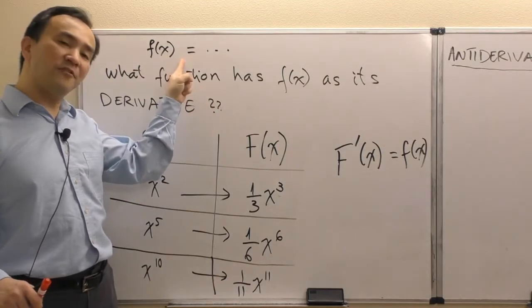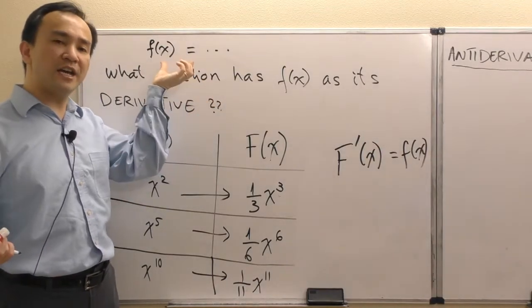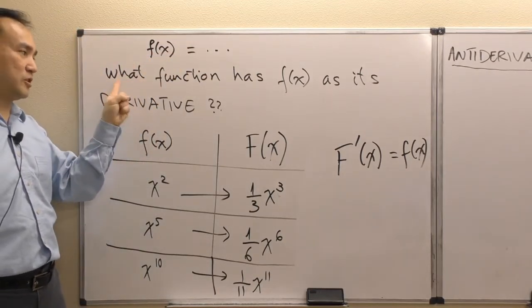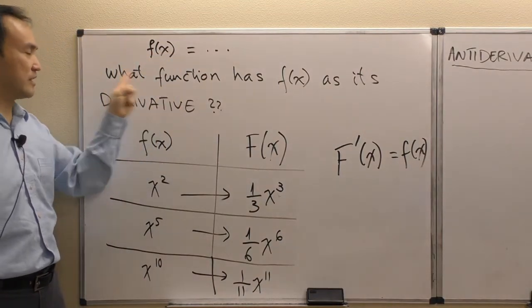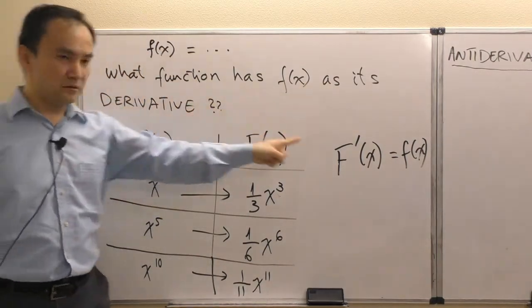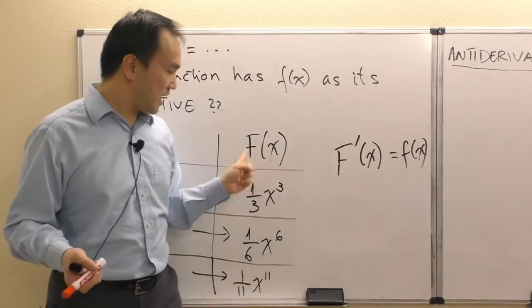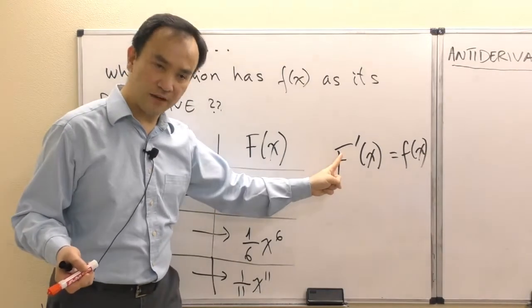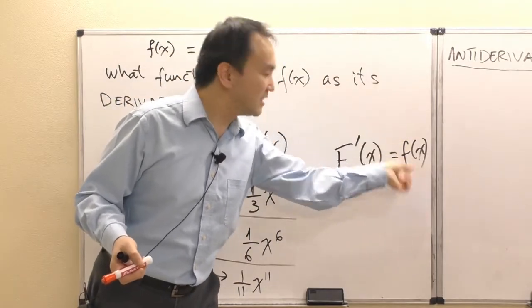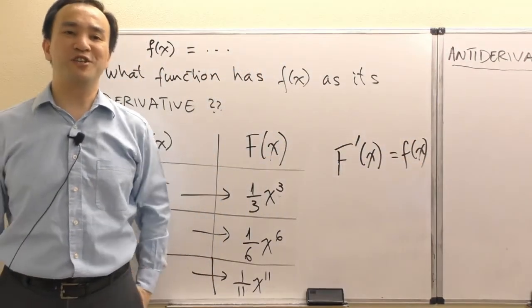We started out with a function notated as a lowercase f of x, and the question brought to us was: what function has f of x as its derivative? The answer is this capital F of x function, because capital F prime equals f of x, the lowercase version.